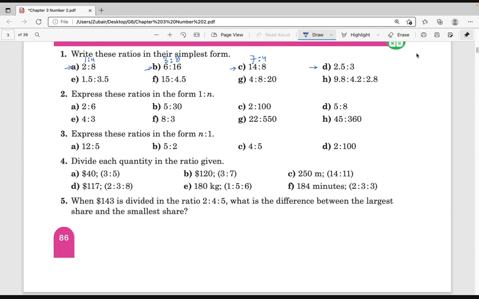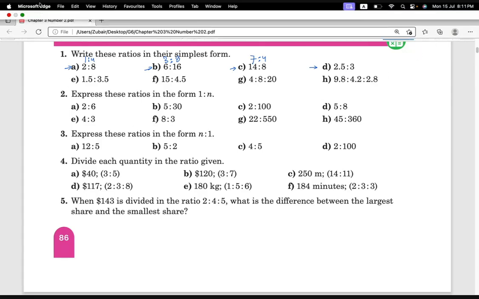D part, it says 2.5 ratio 3. How will you solve this? 2.5:3. 2.5 ratio 3.